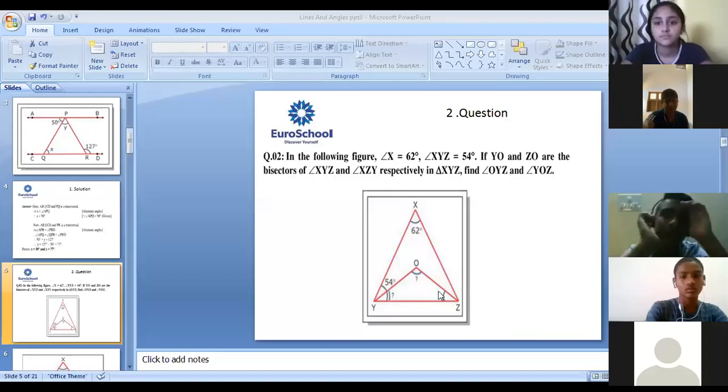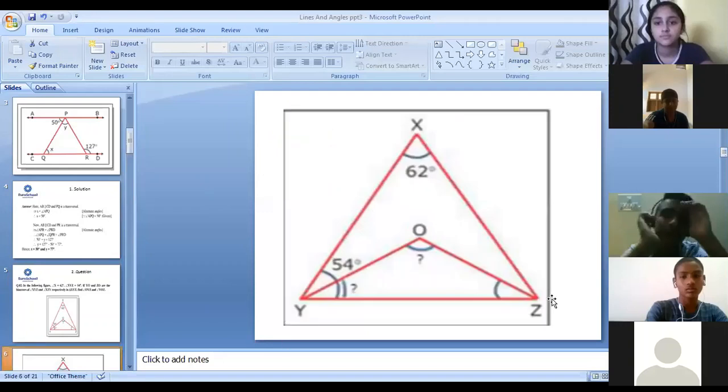So first we are going to find the value of Z. Just observe the bigger triangle, that is XYZ. Got it, children?